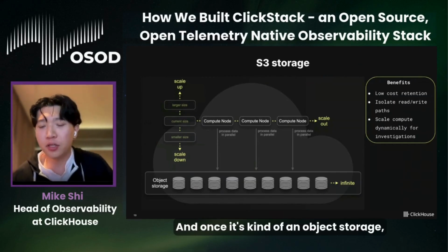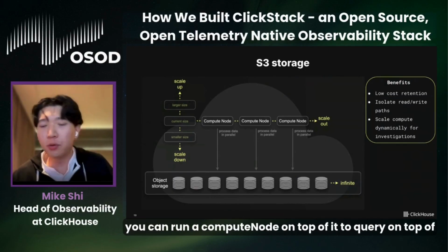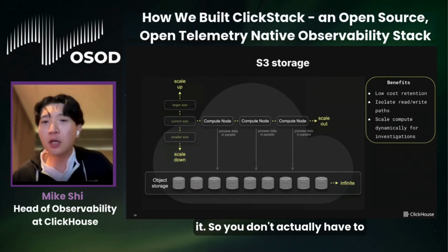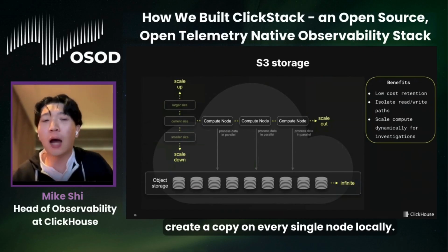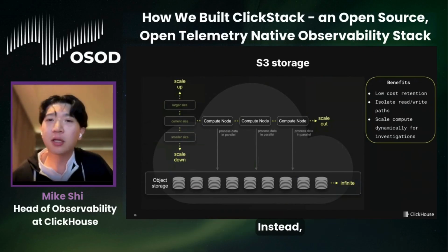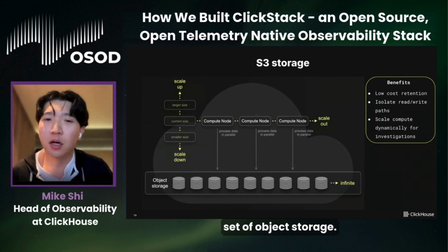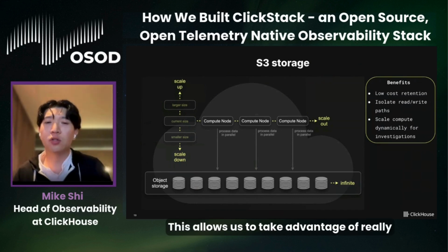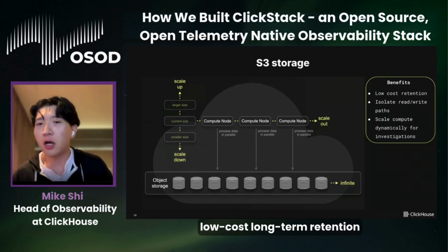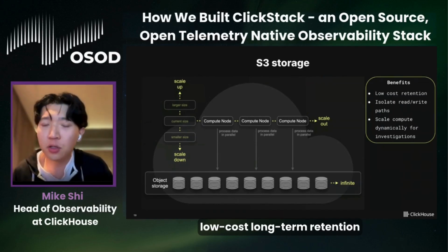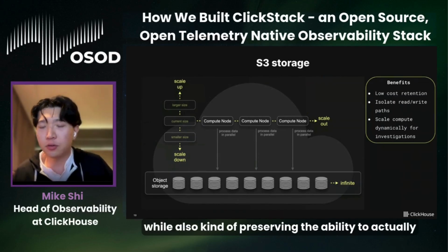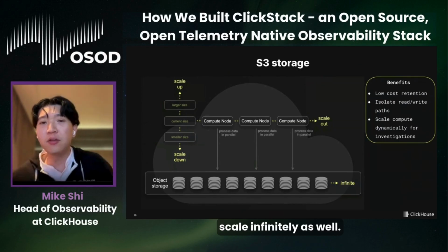And once it's in object storage, you can run compute nodes on top of it to query it. So you don't actually have to create a copy on every single node locally. Instead, every node can just read from a shared set of object storage. This allows us to take advantage of really low cost, long-term retention, while also preserving the ability to scale infinitely.